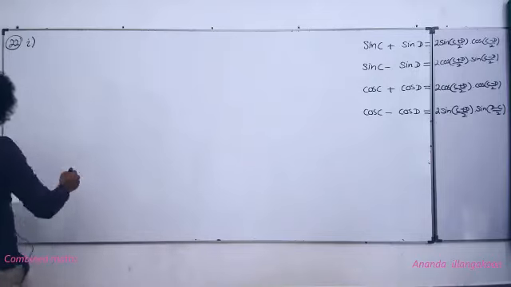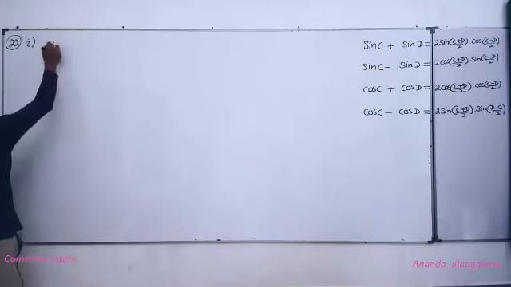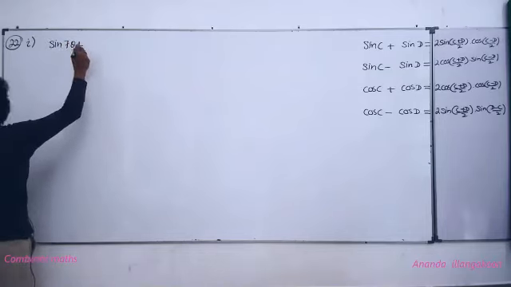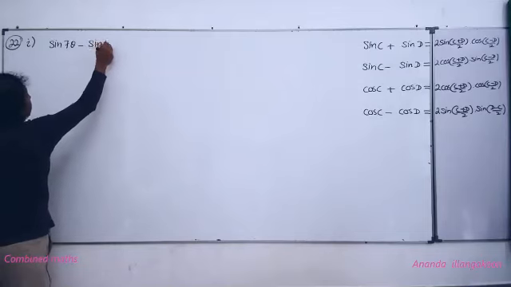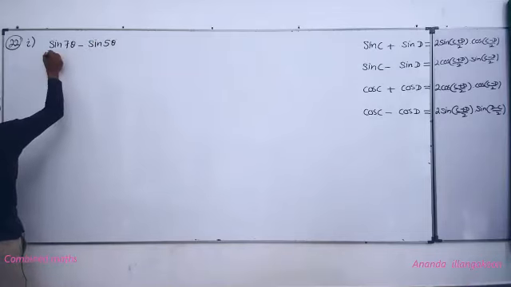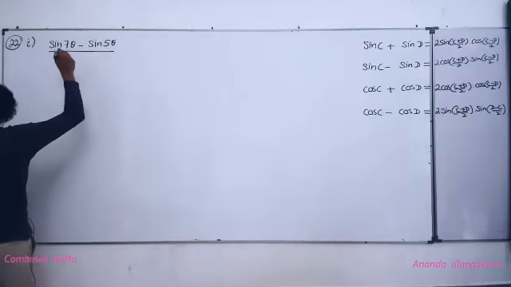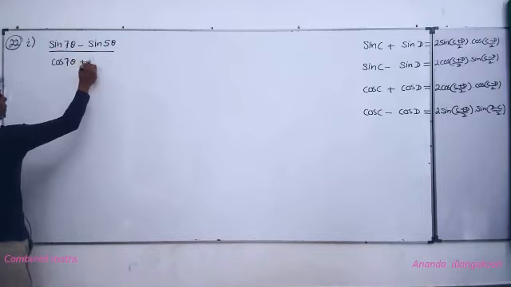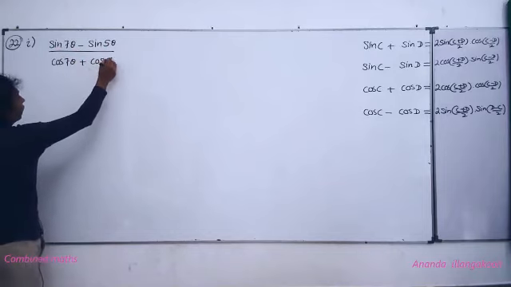You are given sine 7 theta minus sine 5 theta divided by cos 7 theta plus cos 5 theta.